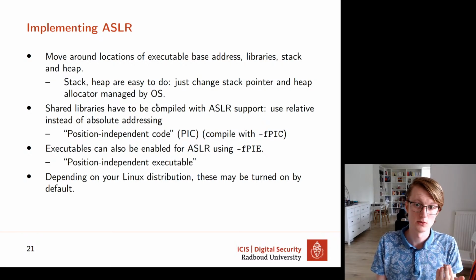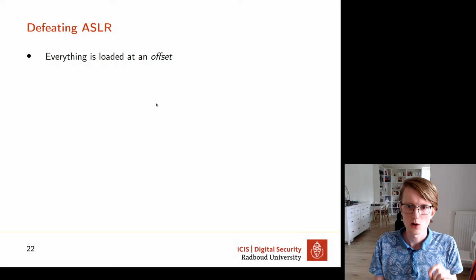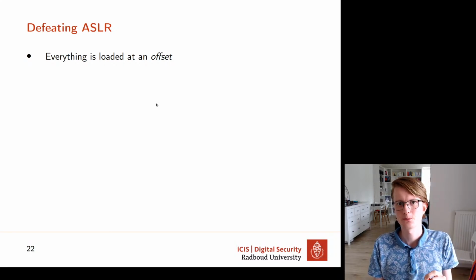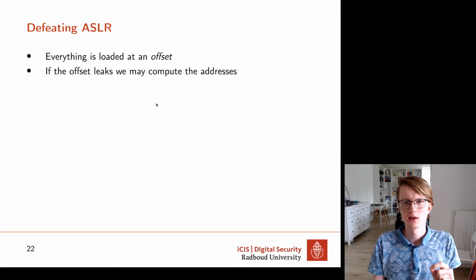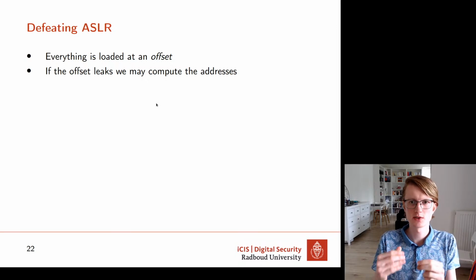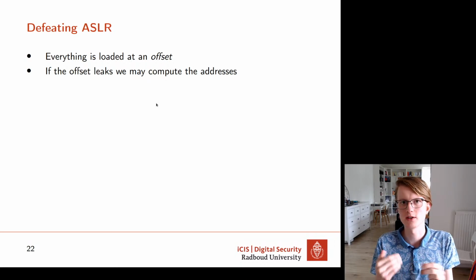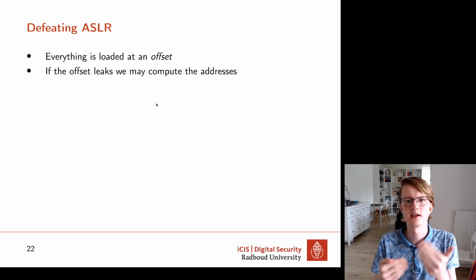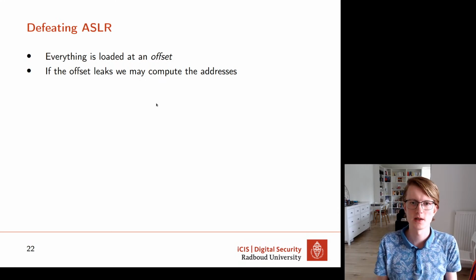So that brings us to defeating it. This offset is fixed at load time. So if you leak the offset, then you can use that to compute all the addresses, because you know it needs to be at least at that point, and then you can add the offset and compute all of these addresses. So how do you leak such an address, the offset?